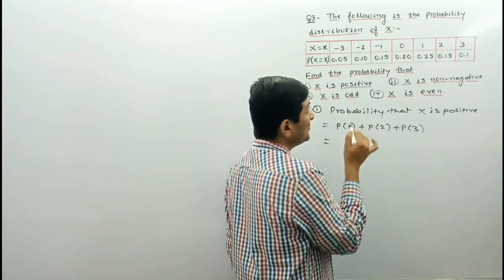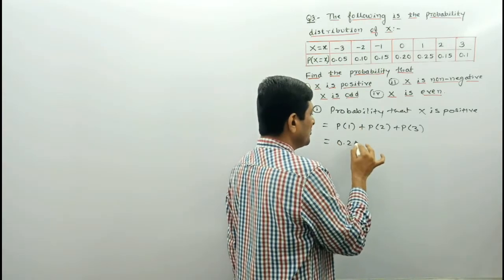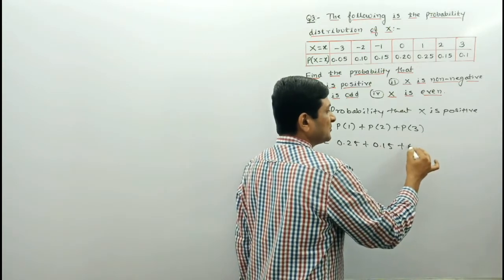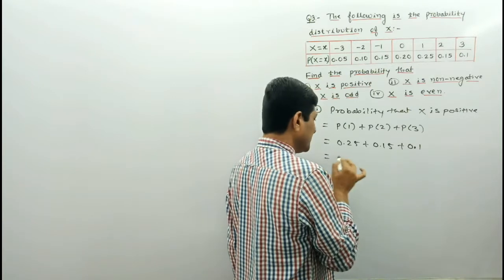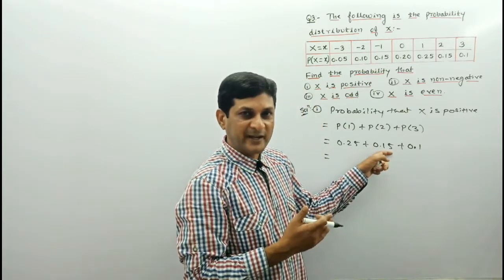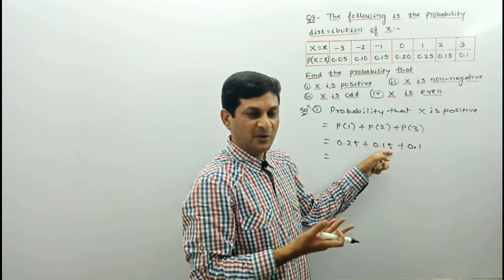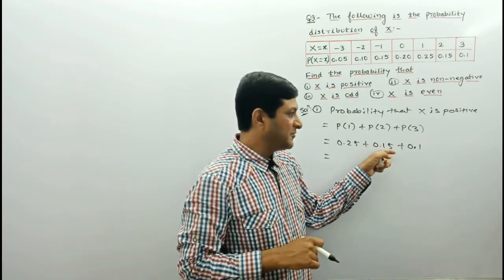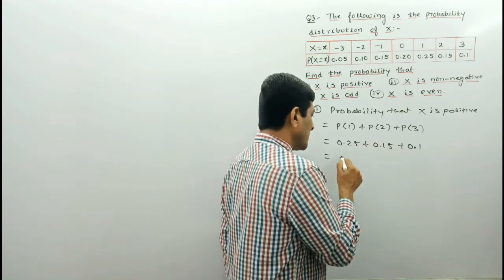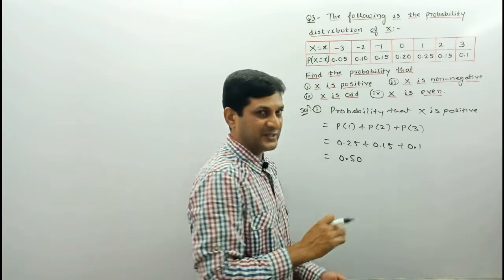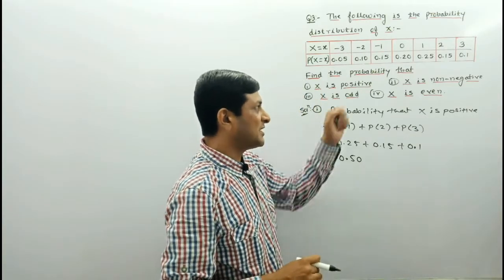Here we can observe that P of 1 is 0.25, P of 2 is 0.15, plus P of 3 is 0.1. So 0.25 plus 0.15 is 0.40, means 0.4. 0.4 plus 0.1 is 0.5, or you can say 0.50. In this way we have got the first required value.